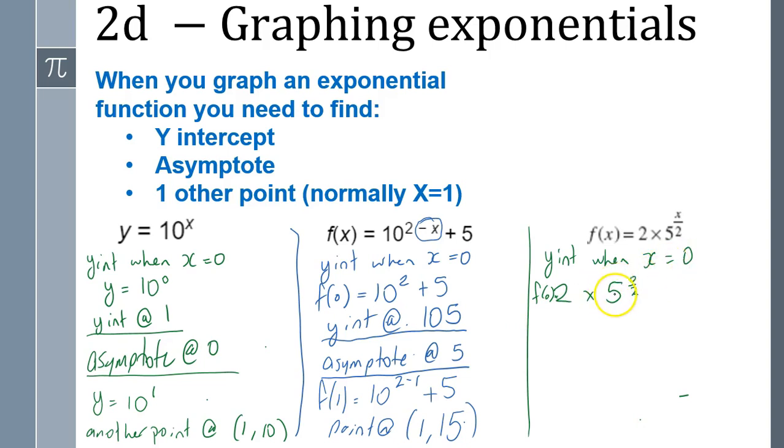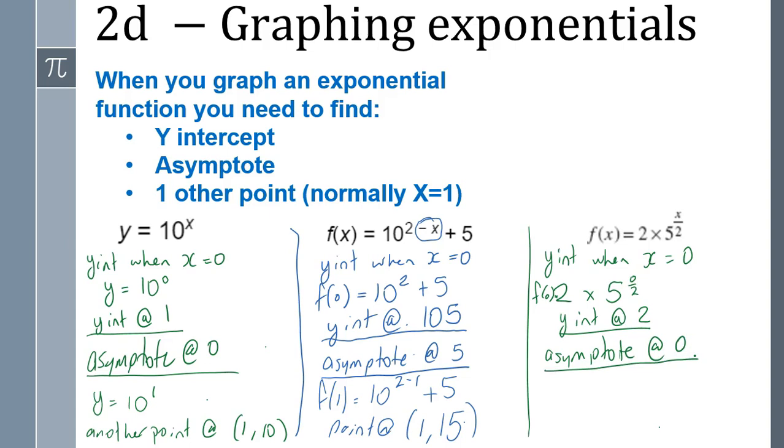Anything to the power of 0 is 1, so 2 times 1 is 2. So the y-intercept is at 2. Okay, asymptote, there's no k. So asymptote's at 0.